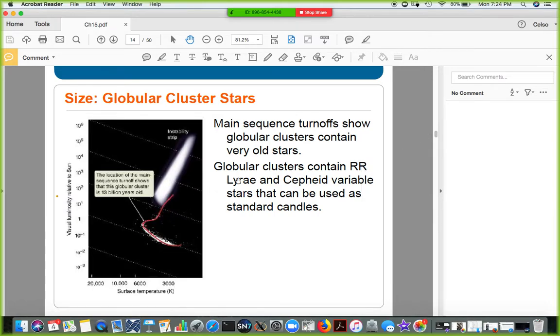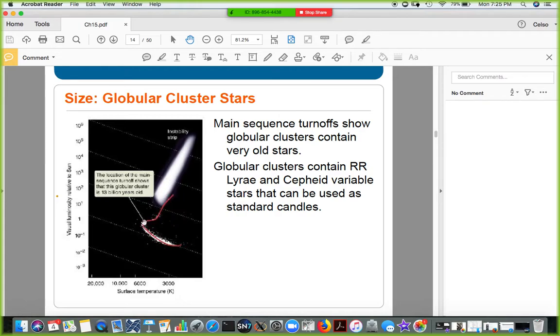And globular clusters can be used, as we studied in stellar evolution, to determine age. If you observe with sufficient detail all the stars in a cluster and build what's called an HR diagram, a diagram that relates surface temperature and energetics, or the energy that comes out of them, you can look at this turn-off point right here, see, you have the main sequence and you have the giant phase.